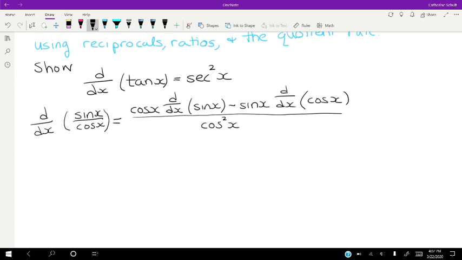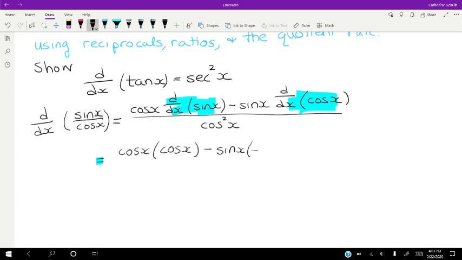Okay? All right. So we just learned this derivative and we just learned this derivative. So let's make those substitutions. Do you remember what the derivative of sine was? Cosine. All right, multiplied by the derivative of cosine.